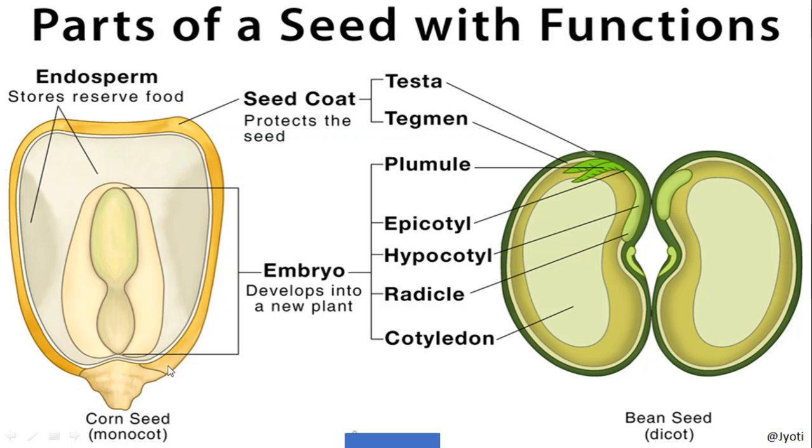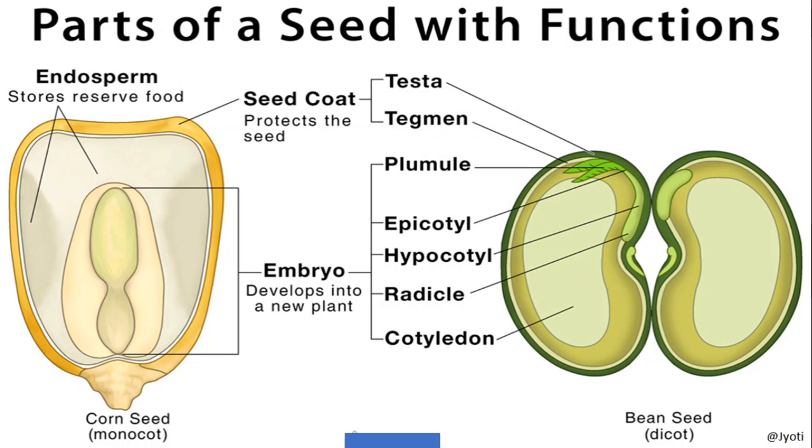The maximum part of the seed is occupied by the endosperm and the cotyledon is not fleshy. So such a seed is called endospermic or albuminous seed. But in case of dicot seed, you can see that there is no endosperm. The endosperm is absorbed by the embryo to form the cotyledon. So this is called non-endospermic or non-albuminous or ex-albuminous seed.